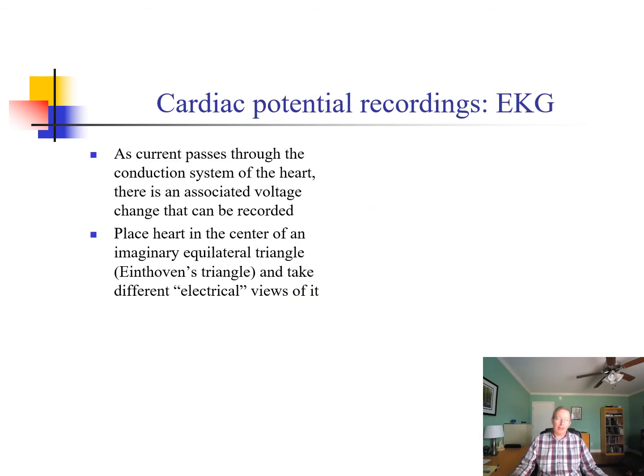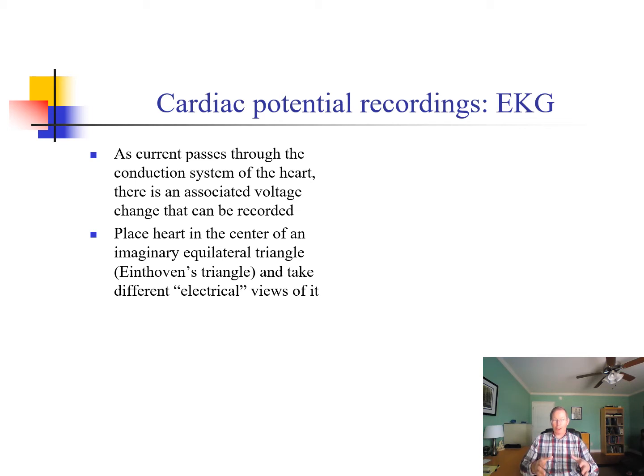Now it turns out that over 100 years ago, Einthoven had actually recorded this electrical activity of the heart by putting electrodes around the heart. And these can be done on the surface of the skin or underneath the skin, in fact. And so I can think about this from an engineering standpoint as putting the heart, which is traditionally on the left side, into the center of an equilateral triangle.